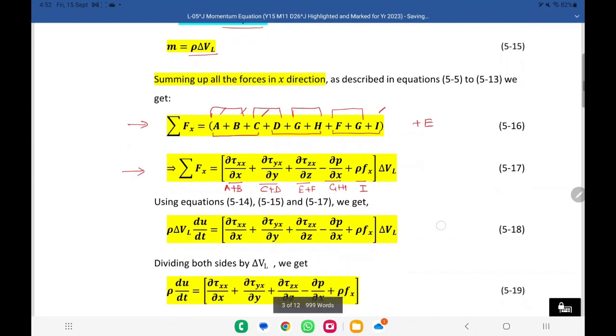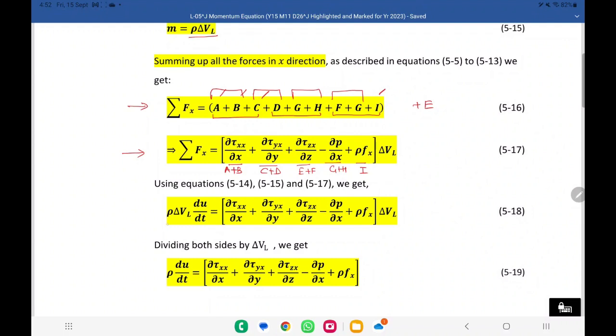Okay, and on the right side you have, this is the mass, this is the rate of change of velocity, and these are the forces. Now you cut out this on both sides, you get this equation. This is a equation of momentum in x direction.